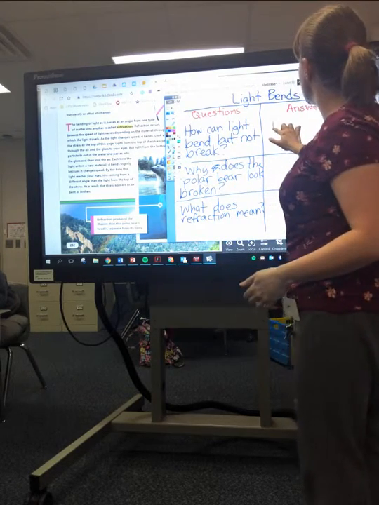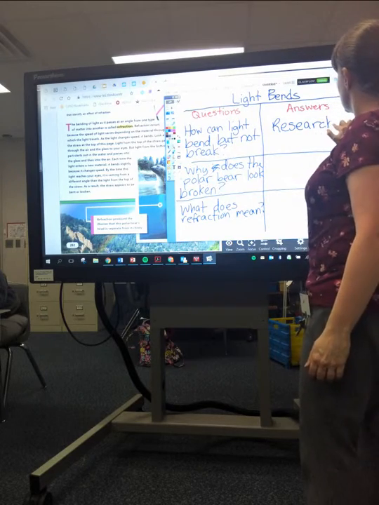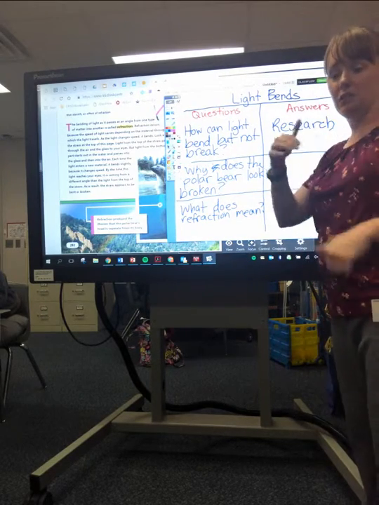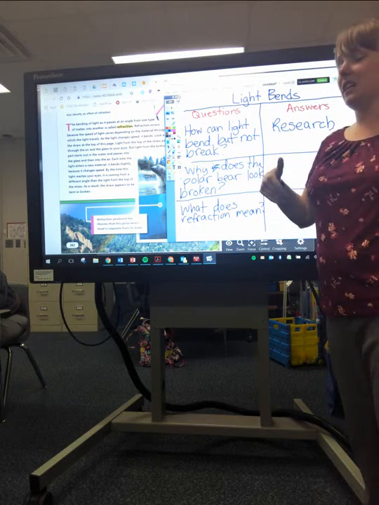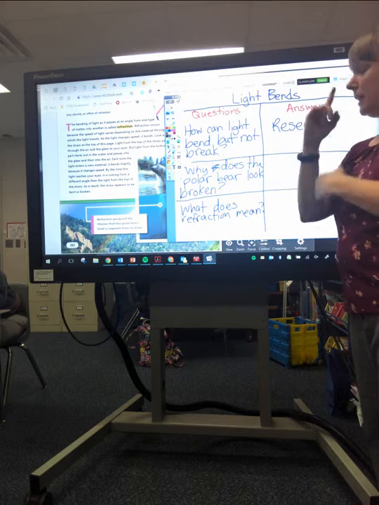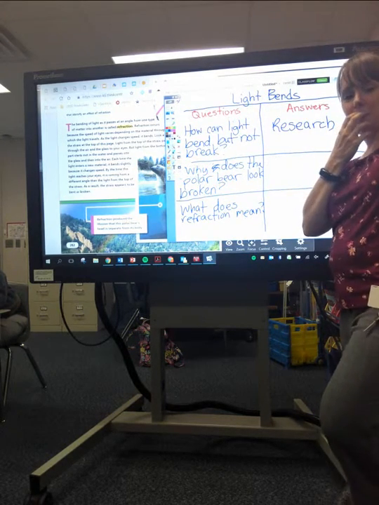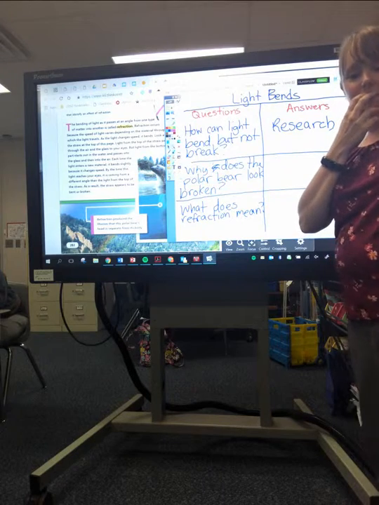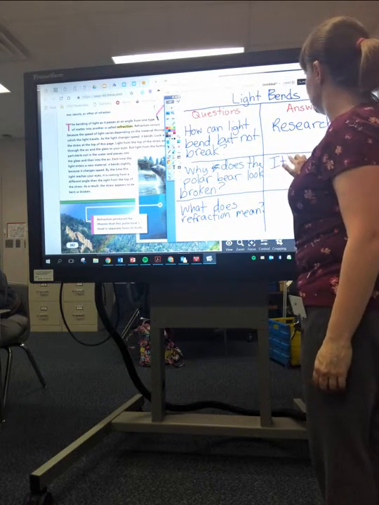So let's just put here, research. Because honestly, I don't know the answer yet. I will when I research, but not yet. Why does the polar bear look like it's broken? Why? Because it's refraction. It's refracted.